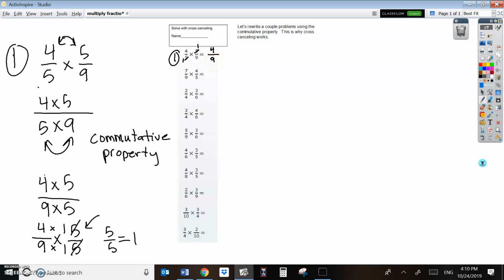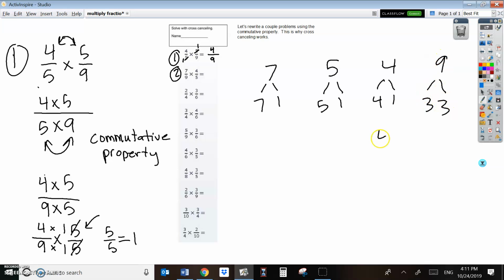Okay, so let's look at problem 2 and be a little bit faster here. Do 7 and 5 have a common factor other than 1? 7 times 1 and 5 is 5 times 1. There's no common factor, so 7 and 5 won't cancel at all. Do 4 and 9 have a common factor?